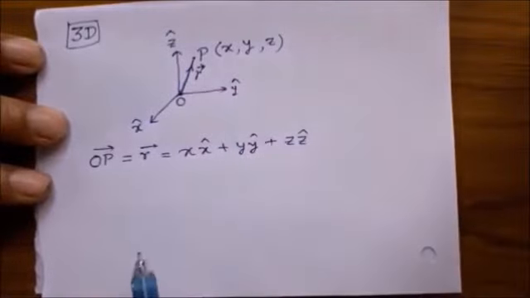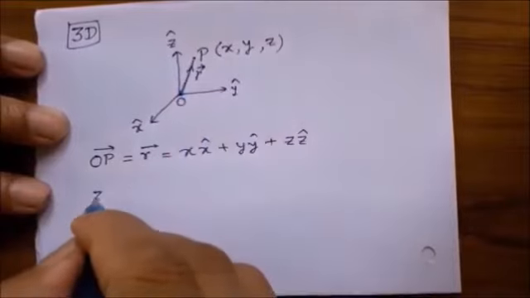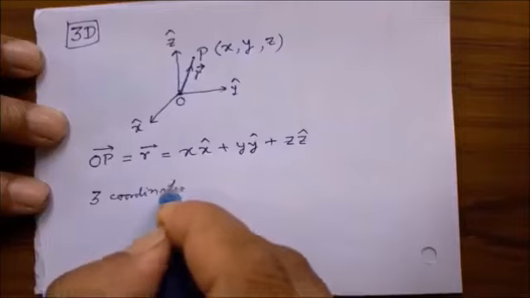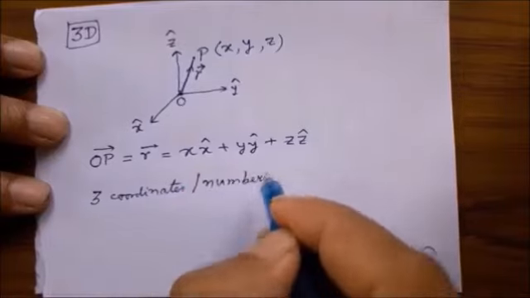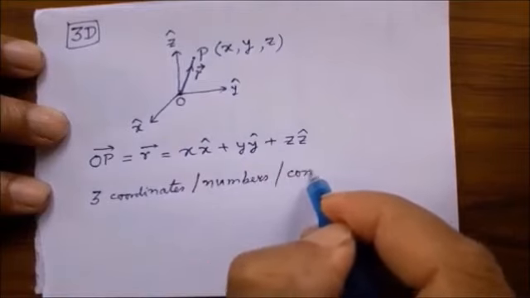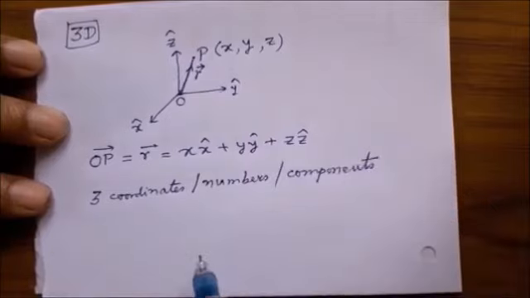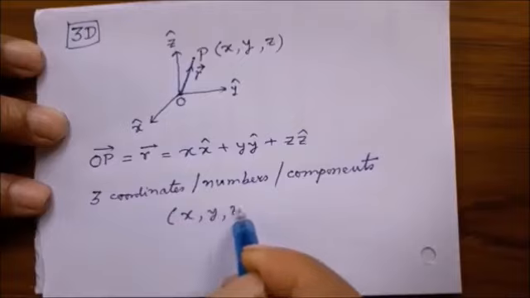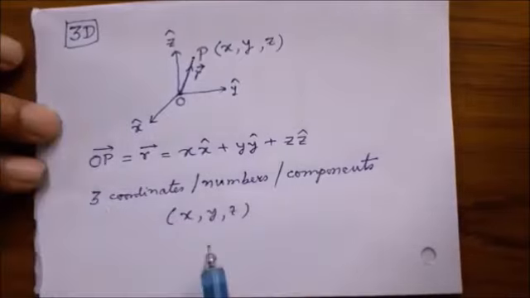So to specify a point in 3D space, we need 3 coordinates. Or 3 numbers, or what we call 3 components. And they are x, y, and z. So it is clear that in 3D space we require 3 components, 3 numbers.